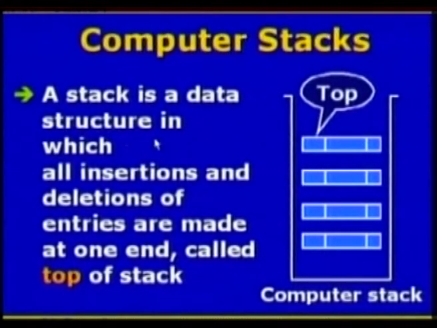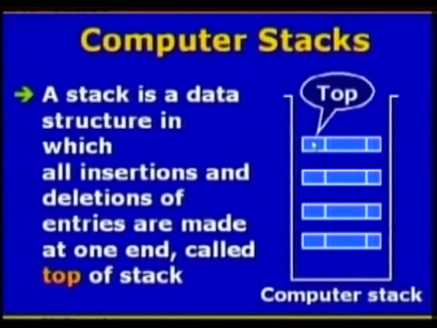So a stack is a data structure in which all insertions and deletions of entries are made at one end, called the top of stack. So when I have these objects stacked together on top of each other, then I cannot access this very last one. Of course I can, but I'm going to destroy all the rest of the trays.